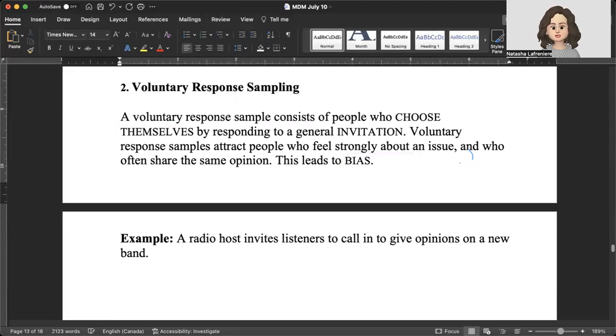So this often leads to bias. So if you're looking at like politics, it's going to be an invitation type of sampling, and that's going to get a lot of people that like to talk about issues and have very strong opinions. And so it's not a very randomized type of thing.